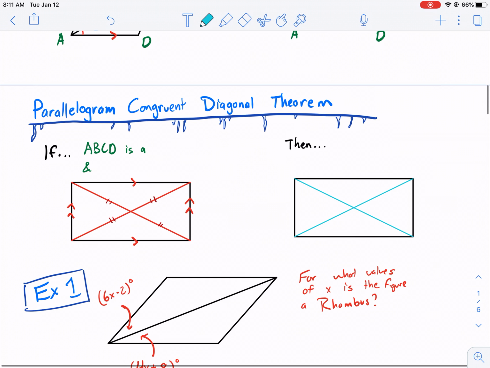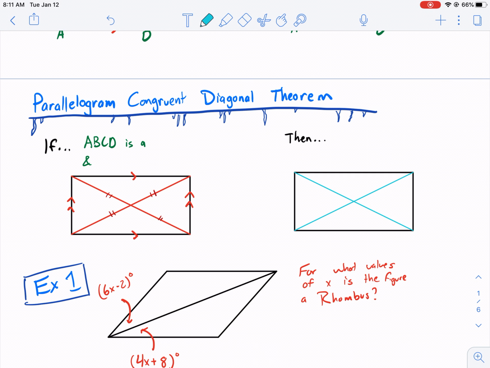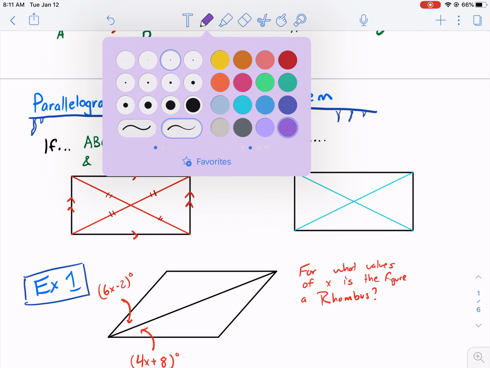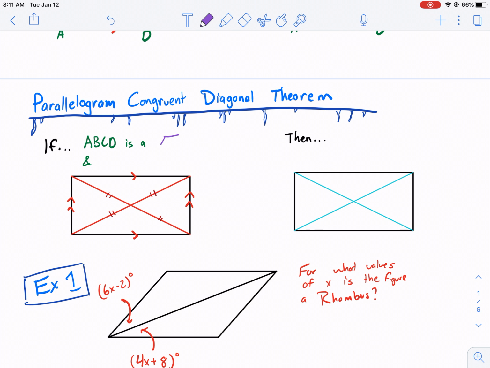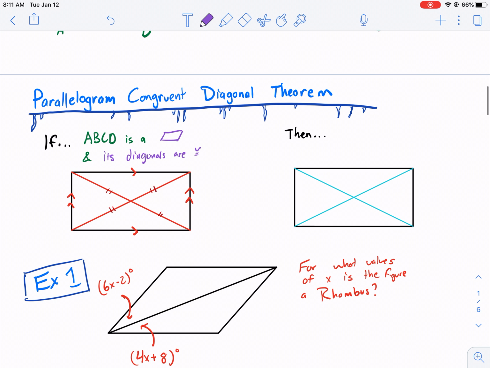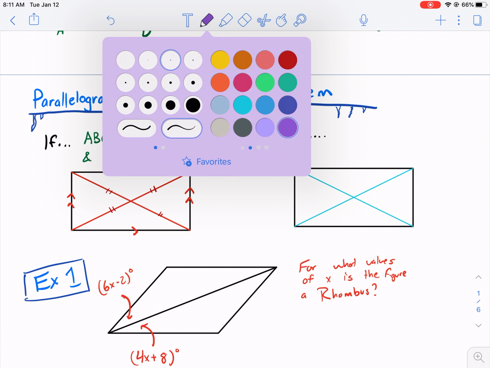All right, parallelogram congruent diagonals theorem. This one's different. This isn't a rhombus. If ABCD is a parallelogram, same deal, and its diagonals are congruent, then we know what? First off, where is the name for this shape? I don't know why I forgot that.